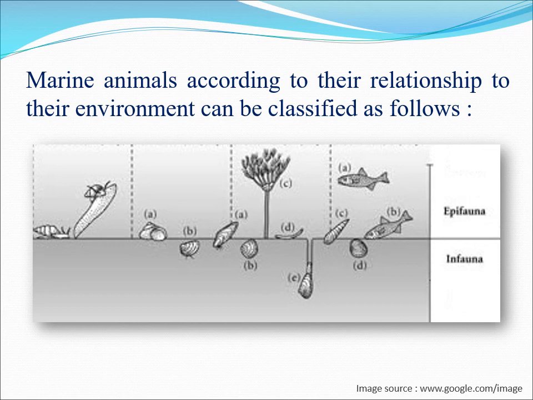Now marine animals living in the ocean body can be classified into two groups, whether they are living at or inside the surface, or outside the surface. That means, if this is my substrate line, below this portion there is sediment or rock, and above this portion is water.